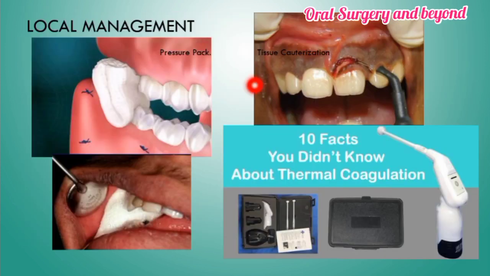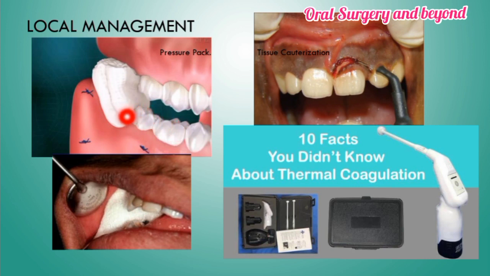Now we are going to see how to manage bleeding in intraoral procedures. The first and most important is a pressure pack. Whenever we see more bleeding during the operative procedure or during extraction, we should keep a wet pressure pack at the bleeding site or extraction site.